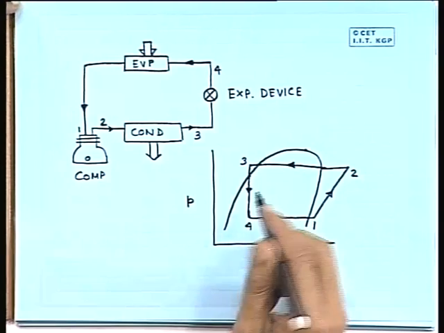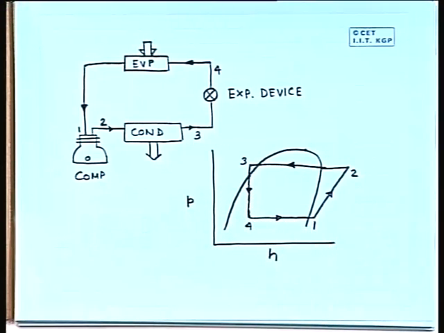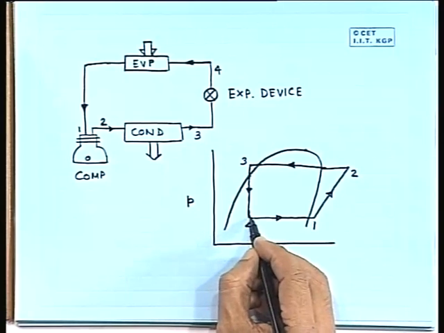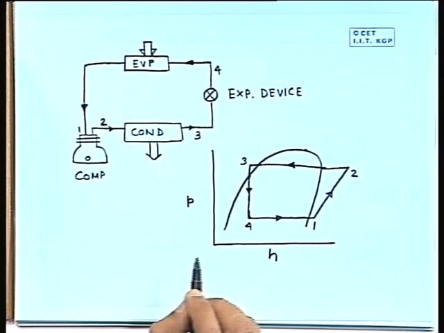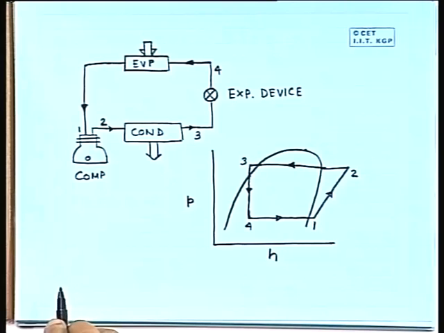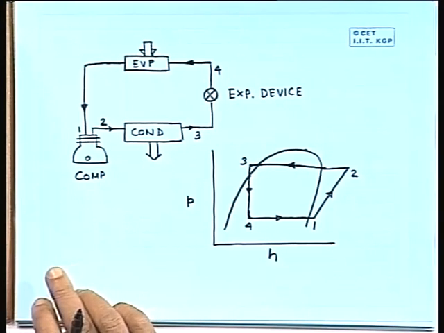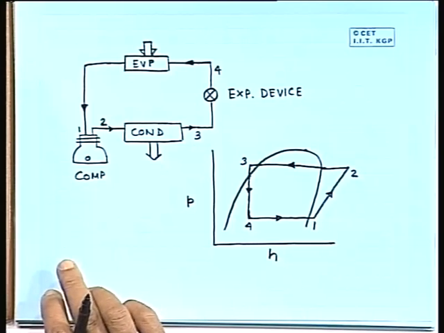But even then one assumes that enthalpy remains constant during this process, and one can make some sort of a design of the expansion device. So, then ultimately when it reaches the evaporator pressure, we will have the evaporation. Again in the evaporation process, we will have pressure drop, whatever small it may be.